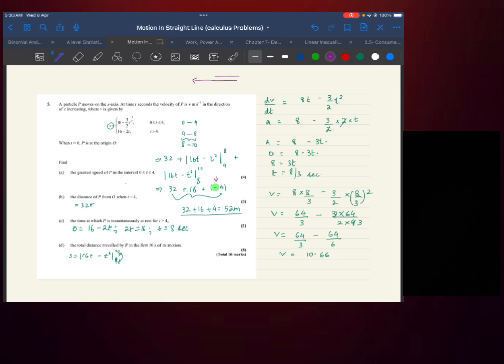This minus sign only signifies that. But for the total distance calculated, distance is not a vector quantity, it's a scalar quantity. So minus sign only signifies the direction, so we have to add this as well.